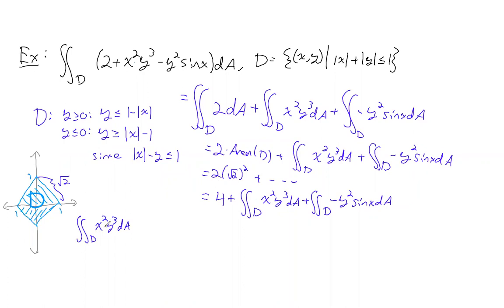Now let's consider this double integral of x squared y cubed dA. Now x squared is an even function, which means you don't really need all of D. You only need one part of it and multiply that by 2. So let's give this a different name. Let's say that we're going to talk about just the right-hand side of it, and I'm going to call that D0.